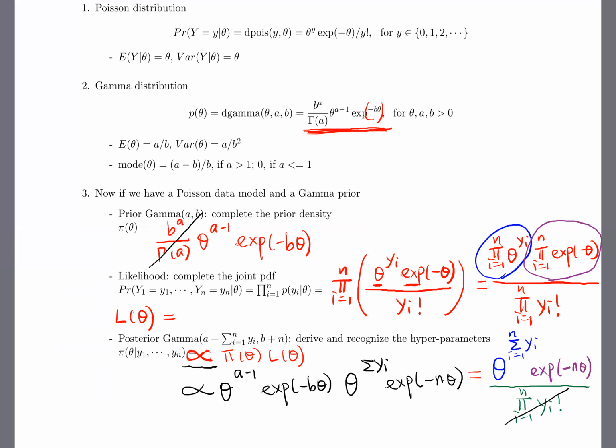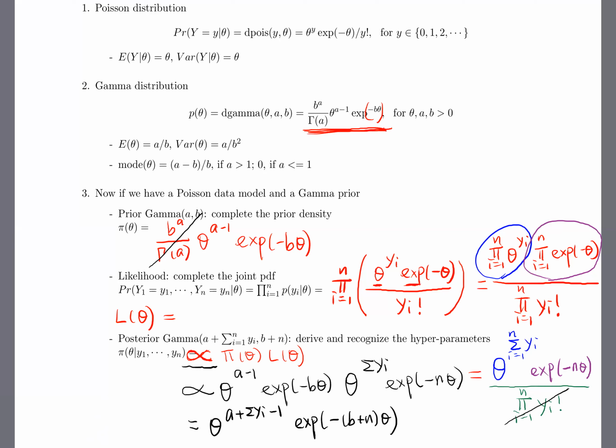Okay? So we have 4 terms related to theta, but they're of two forms, right? One is theta raised to some power, and the other is the exponential. So you can write this as theta raised to a plus sum of yi minus 1, and then exp negative b plus n times theta.